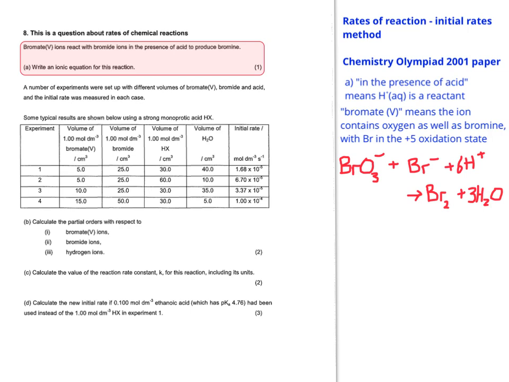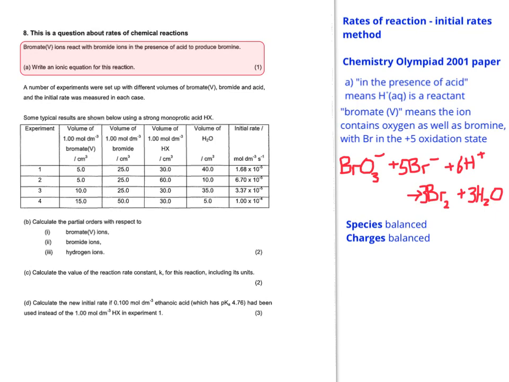So what I now need to do is to put in 5 Br minuses, like that. And obviously that now means that I need to make sure I've got 6 bromines on the right-hand side. So there we go. So obviously at A2 level, you need to make sure that your charges are balanced as well as your species.